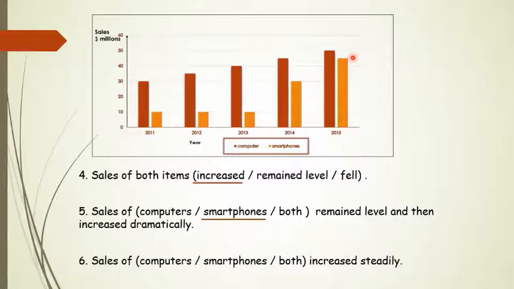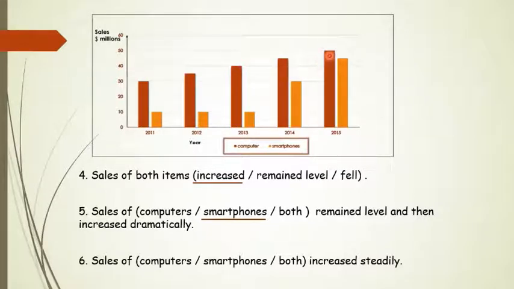Number 6: sales of computers, smartphones, both increased steadily. If you look at this one, you see a kind of increase, always 5 million by 5 million: 30, 35, 40, 45, 50.